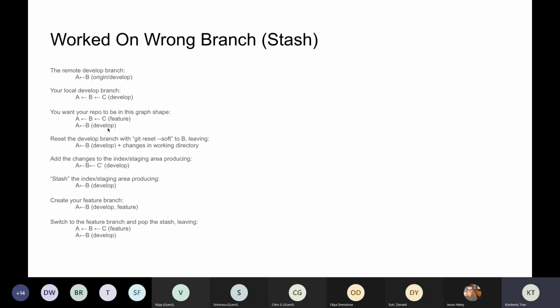You're on the develop branch, and you can reset soft to B. So now develop is pointing to B and leaving your changes in the working directory. Now you can stash what's in the staging area. You add the changes to the staging area, producing the C prime here, which is the staging area, and now you can stash C. You run git stash now.